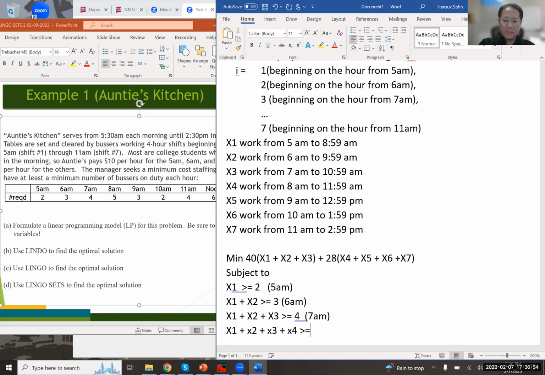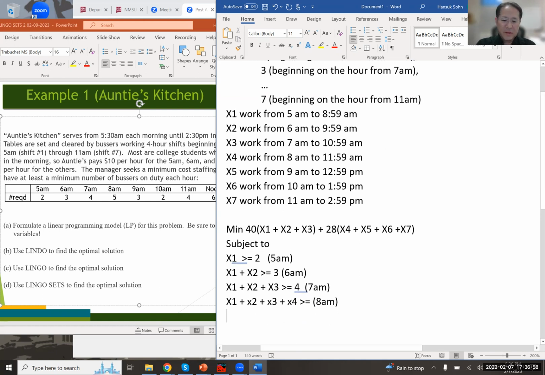Just keep in mind that both Lindo and Lingo are not case sensitive, so the capital letter and the lowercase are identical. So what is the number? It's going to be 5, right?